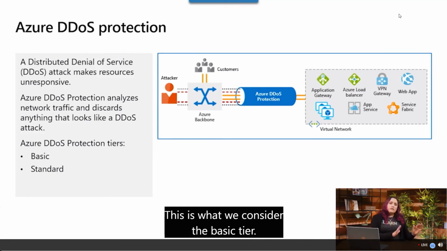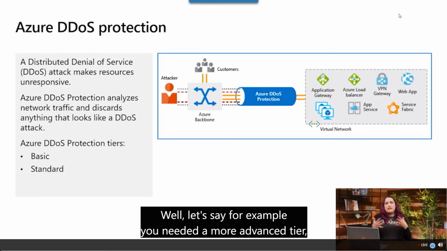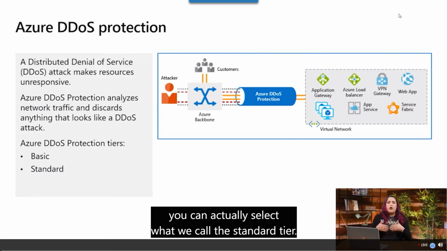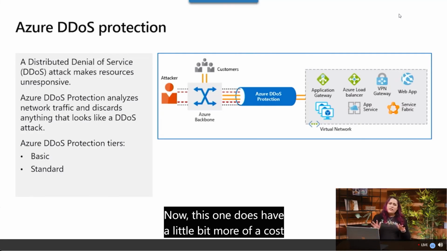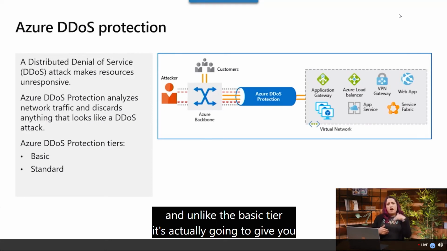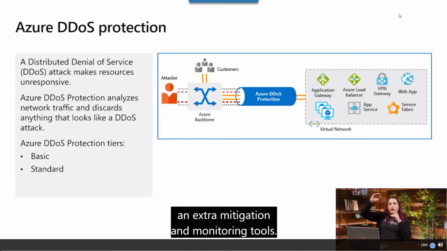This is what we consider the basic tier. But let's say, for example, you needed a more advanced tier, maybe you had some business critical workloads, you can select what we call the standard tier. Now, this one does have a little bit more of a cost associated with it. And unlike the basic tier, it's going to give you extra mitigation and monitoring tools, and that's the reason for the elevated cost.